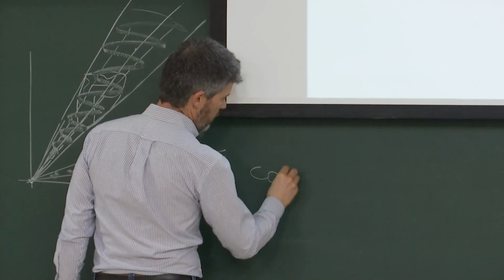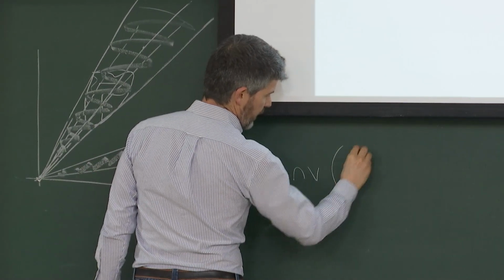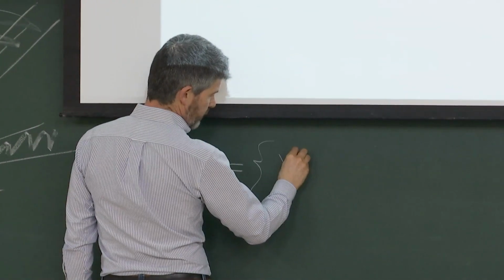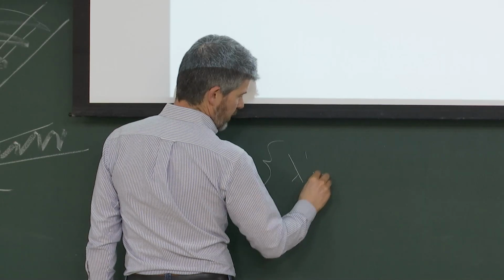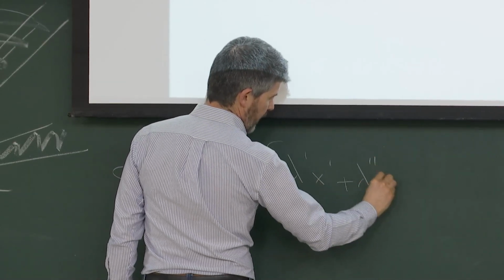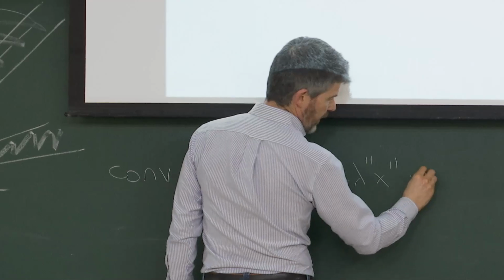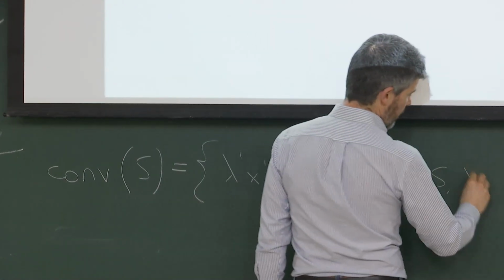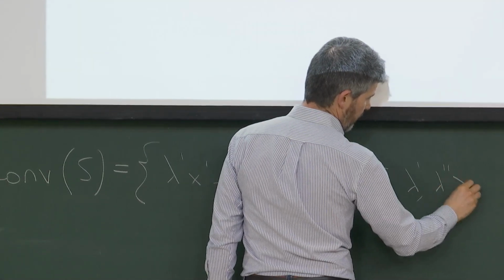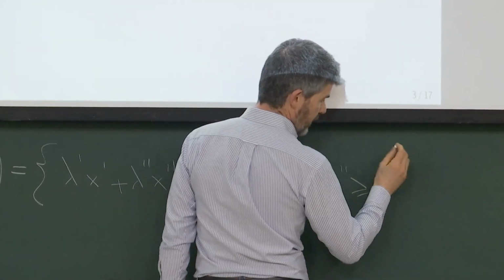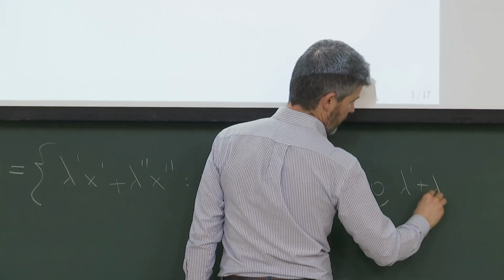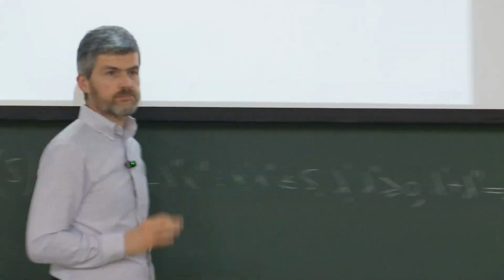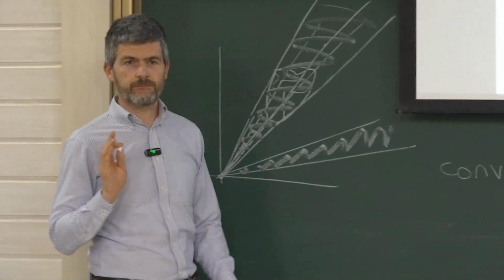So the convex hull of any set S is equal to, let's write it here, the set of all points written as lambda prime x prime plus lambda double prime x double prime, such that x prime and x double prime are both in S, and lambda prime, lambda double prime are both non-negative, and in addition, lambda prime plus lambda double prime is equal to 1. Do we agree on this?